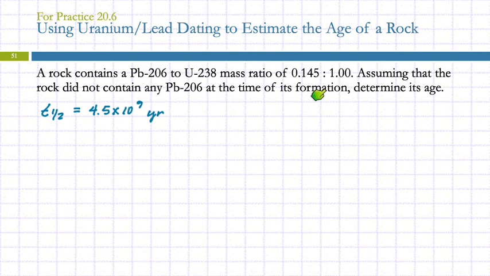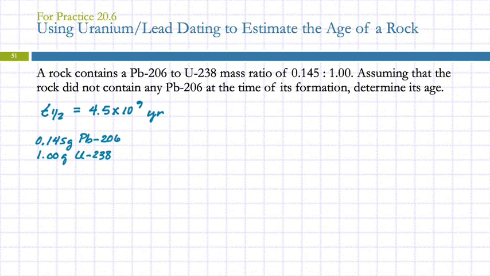So let's use this ratio and say we have 0.145 grams of lead-206 and 1.00 grams of uranium-238. We want to know what mass of uranium-238 made this mass of lead-206.